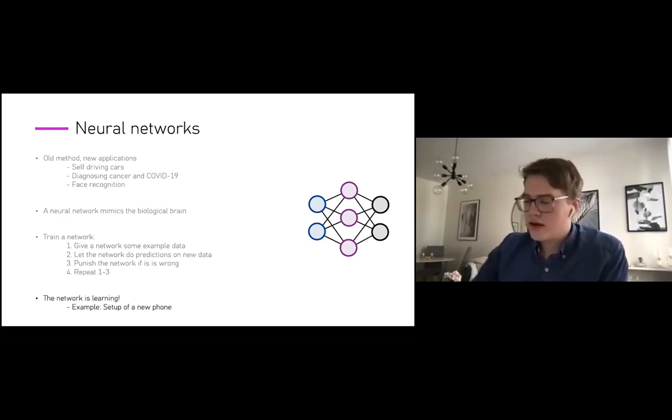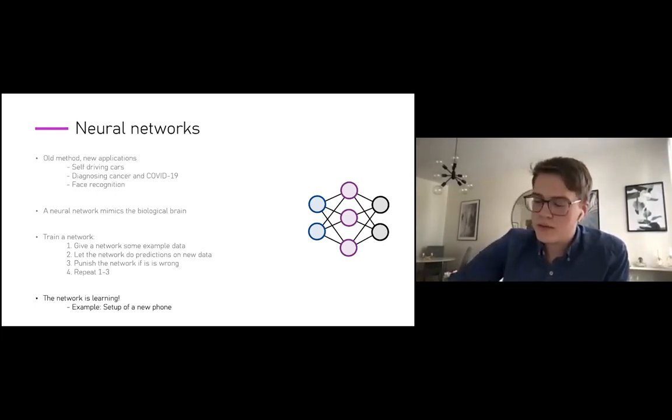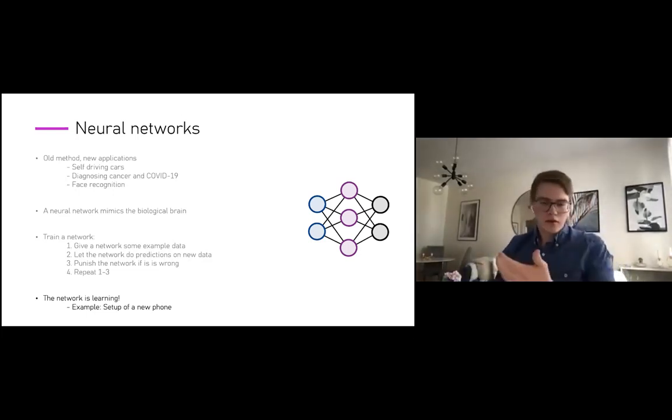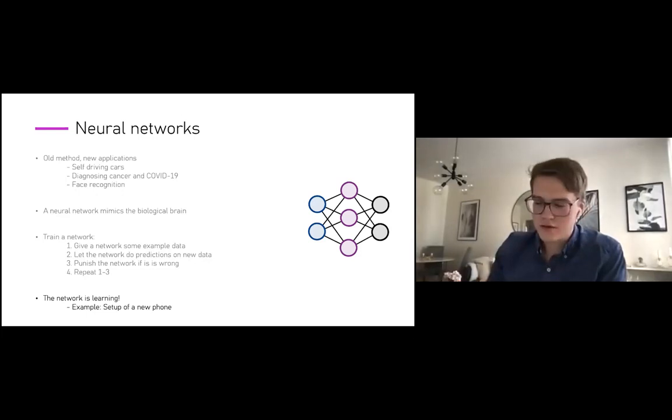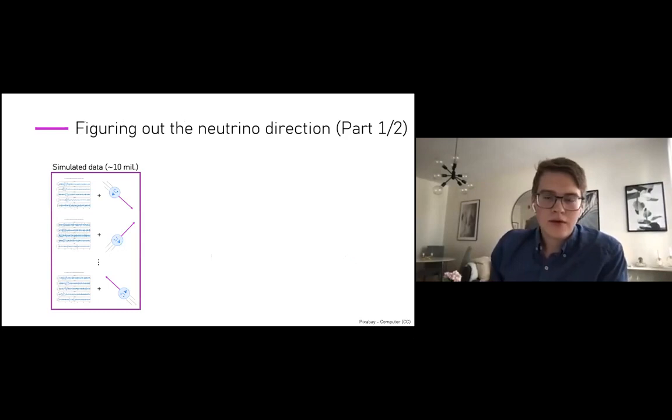For example, if you have set up a new phone in the past couple of years and used something like Face ID, you have shown it your face, and the network inside your phone has learned from example data, which is images of your face. So you have probably used a neural network in the past. Now, how do we actually figure out the neutrino direction? We take simulated data.